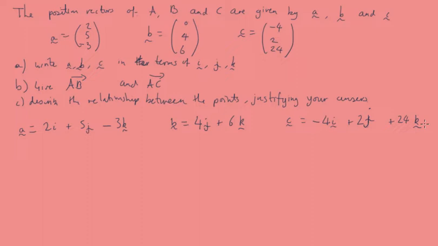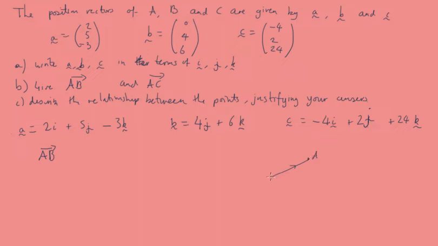Now, you can draw a wee sketch to help when you're doing A and B. But we want the vector from A to B. Now remember, these are like O to A, O to B. So let's say we had vector A. Here's the origin.